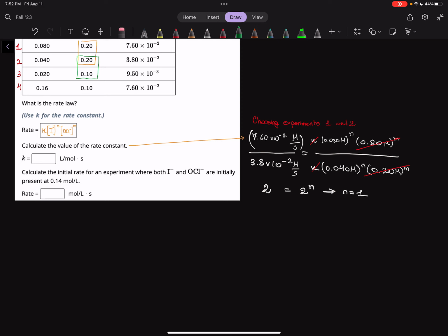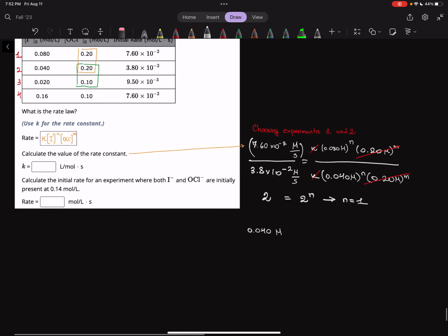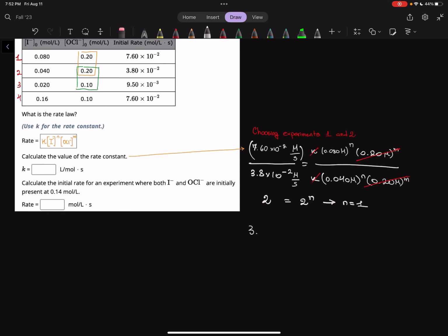If we look at this one, what are we going to get? Well, now we're going to get 0.040. That's still molarities. That's for iodine. So we want to actually start from 3.80 times 10 to the negative 2 molarity per second. That's going to be equal to k and 0.0.